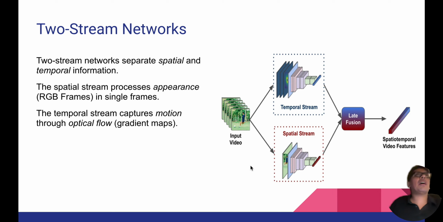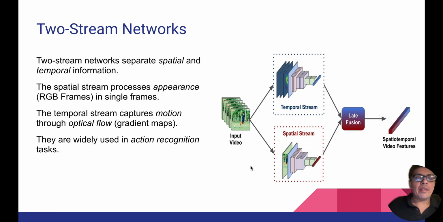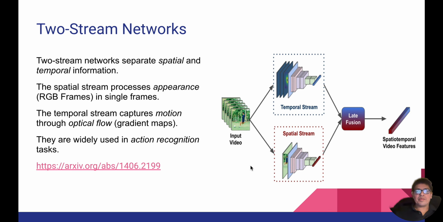But then it can get more complicated when you have different objects moving around and their optical flow vectors get messed up, right? So it's something to consider, because models are good and then the models are bad, and they have alternating performance over time. But the other thing is that two-stream networks are used everywhere in action recognition tasks. So you can't argue with success, I guess.